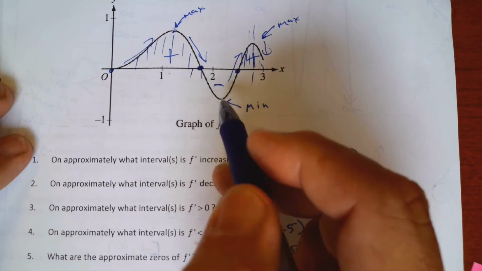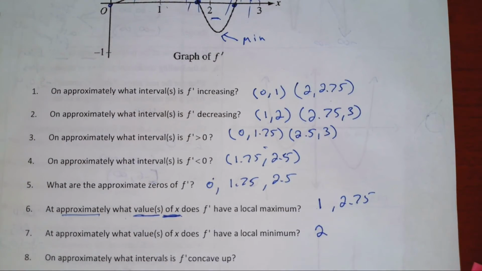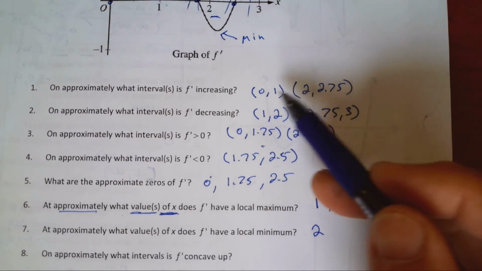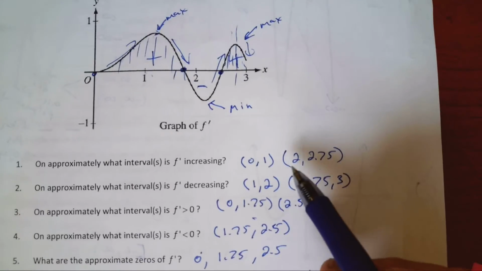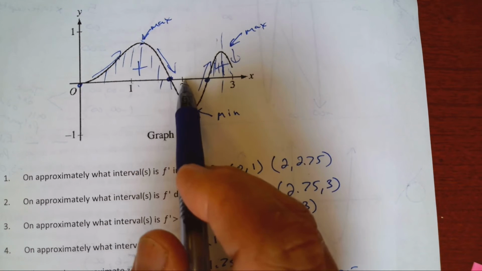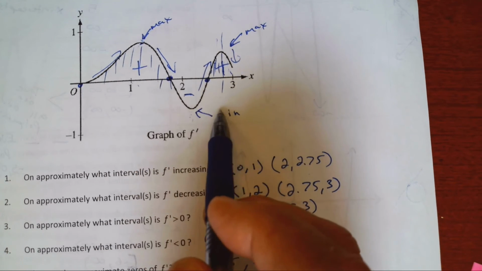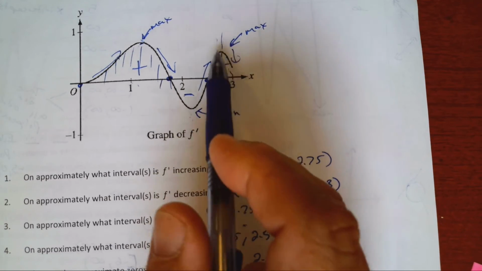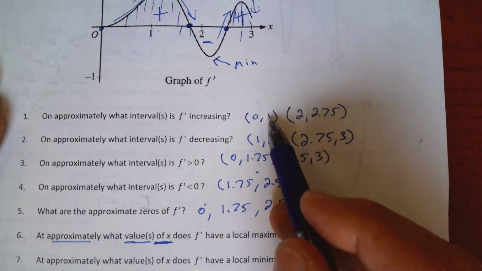Because at 2, it's down here. So our minimum would be at 2. There's only one minimum. But it's these same values repeated, right? 0 to 1 is increasing, so that hits your peak. 1 to 2 is decreasing, and that's where you hit your minimum. And then 2 to 2.75 is where we hit that other maximum. So it's like these same values.